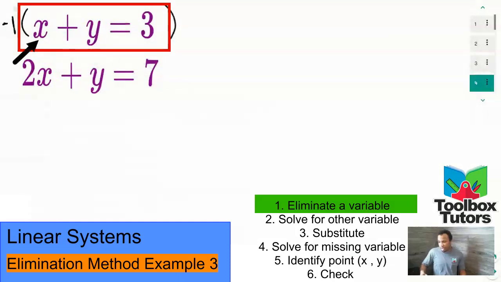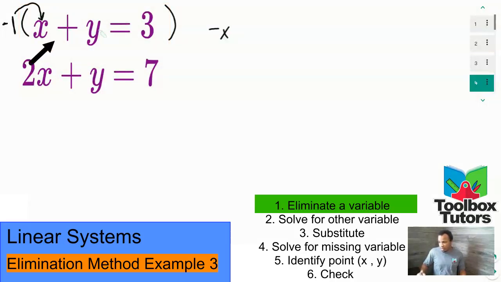So negative 1 times x gives us negative x, negative 1 times that y gives us negative y, and negative 1 times this 3 gives us equals negative 3.